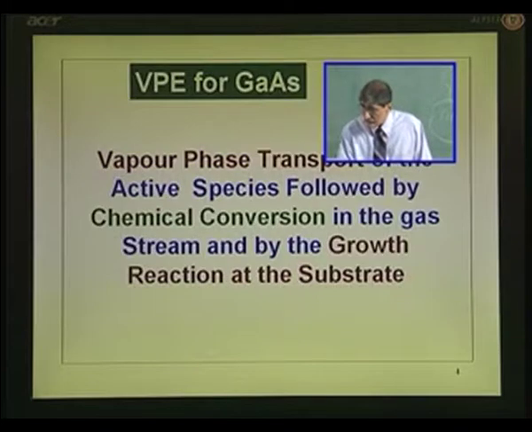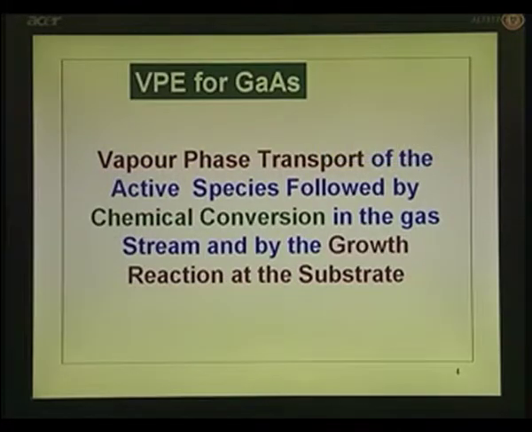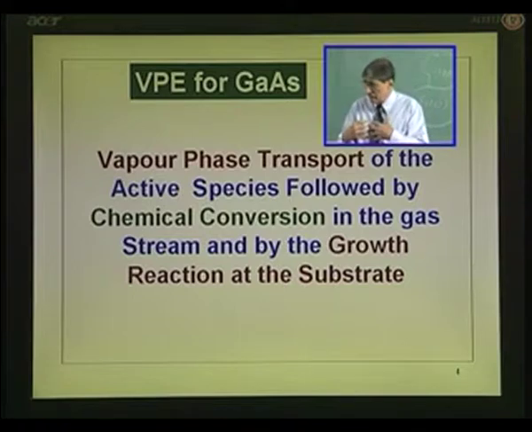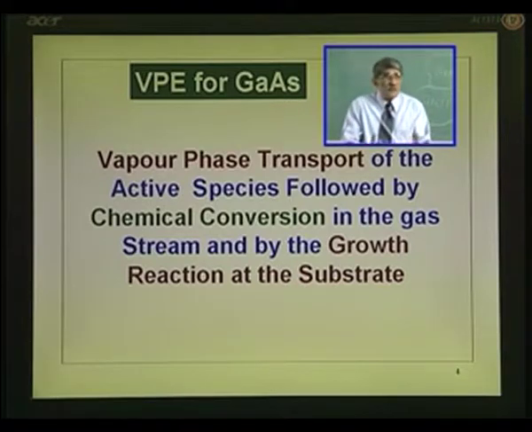So, let us see vapor phase epitaxy, VPE, of gallium arsenide. This involves the transport of species by some of the volatile compounds of the material.